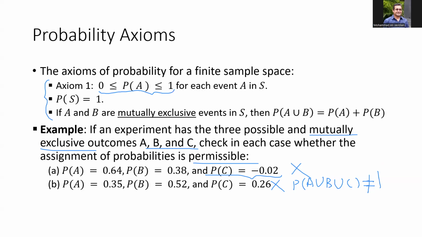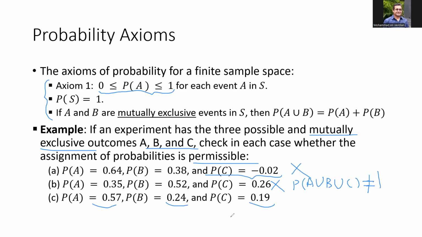And the last example here is that the probability of each event is between 0 and 1, and the probability of the union of A, B, and C is 1, since A, B, and C are mutually exclusive.